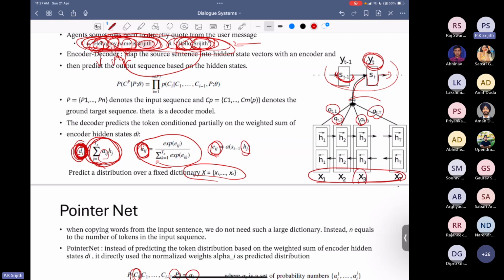It's basically telling you how much weight you want to associate with each of these hidden representations. The way you compute alpha i is as a probability distribution: the exponential of e_ij divided by the summation over all inputs of the exponential of e_iq. So this will result in a probability distribution over the inputs, and you can use alpha i's to predict your weight.